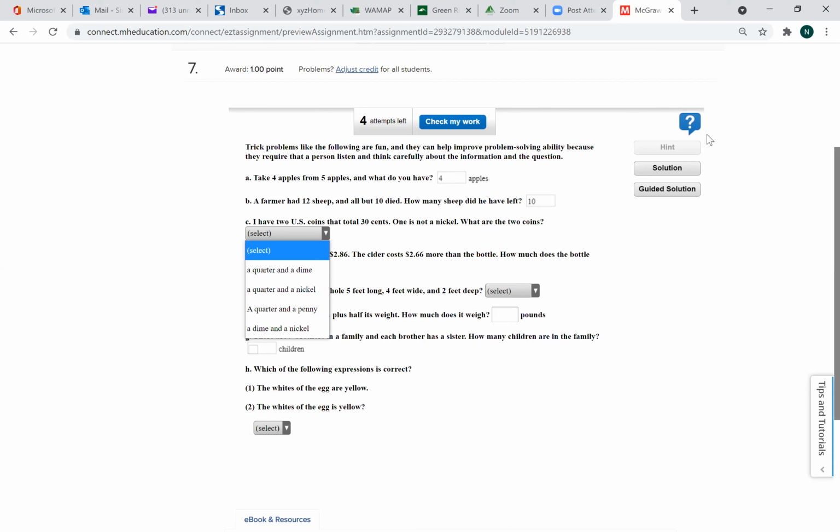And one is not a nickel. I would say they have a quarter and a penny, because it doesn't say how many of each coin they have. It just says they have 2 US coins that total 30 cents. So you could have a quarter and 5 pennies, and then you still have 2 types of coins, right?